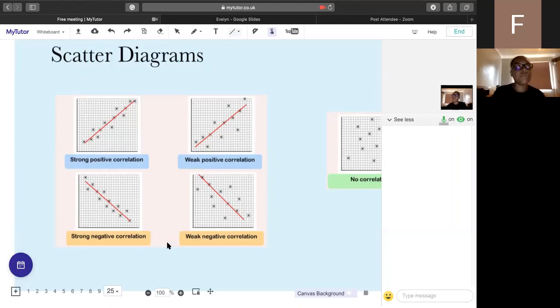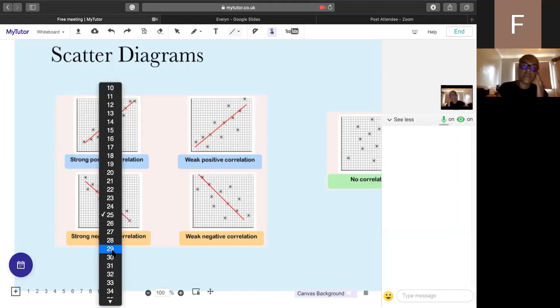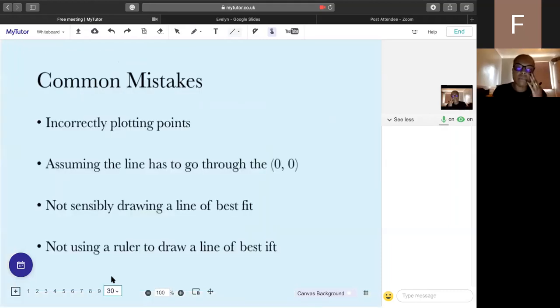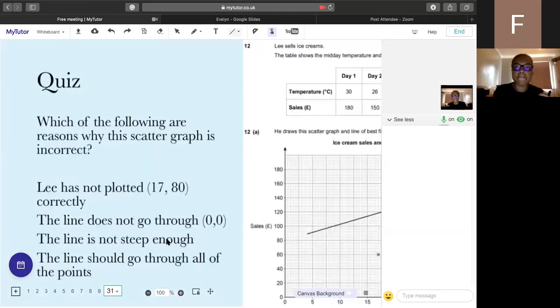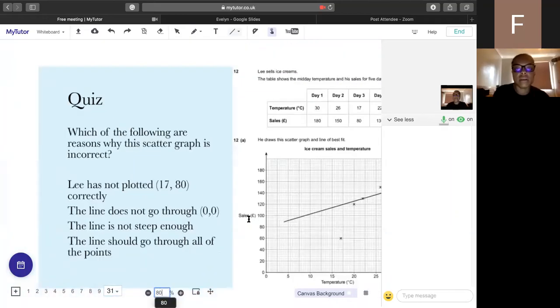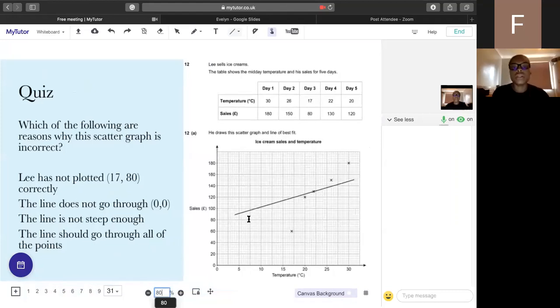Are there any more questions? If not, we can go through some past paper exam questions. Okay, so let's quickly look at this particular quiz then. Lee sells ice creams, and the table shows the midday temperature and his sales for 5 days.